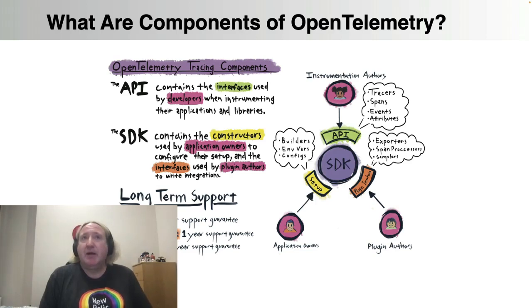The API is what the developers of instrumentation and of the OpenTelemetry standard itself tend to use, because they contain the interfaces, and from there you can do things like write an event exporter, you can write attribute libraries, etc. The actual users, the application owners, the end users, if you like, will typically configure the SDK. Now, the SDK is an implementation of the API, and it's the default one, and it's the one you get by default.